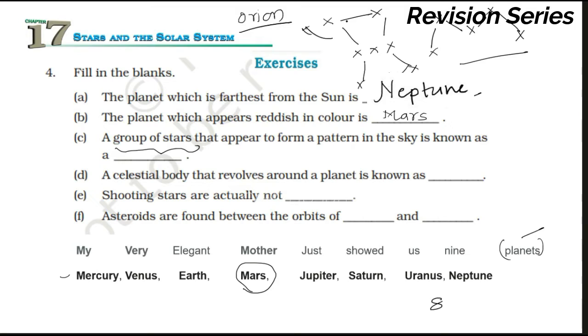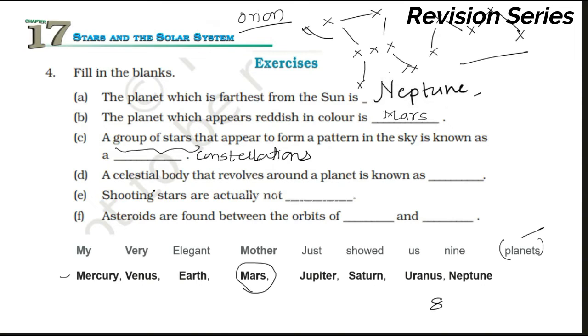So these are groups of stars that appear to form a pattern in the sky, known as constellations. So here the answer is constellations.